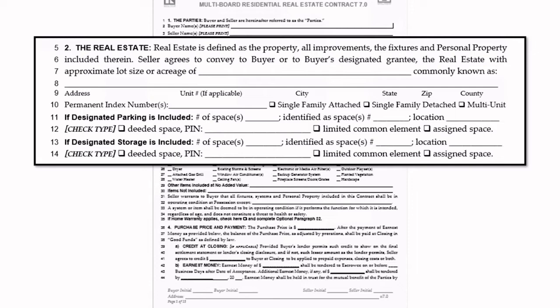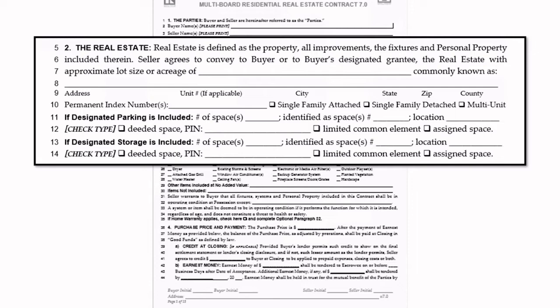Odds of you having either one of those, either the designated storage or the designated parking, checked off and used in a single family detached is not going to happen because there is no designated parking and designated storage. It's going to happen in your multi-unit more likely than anything else.